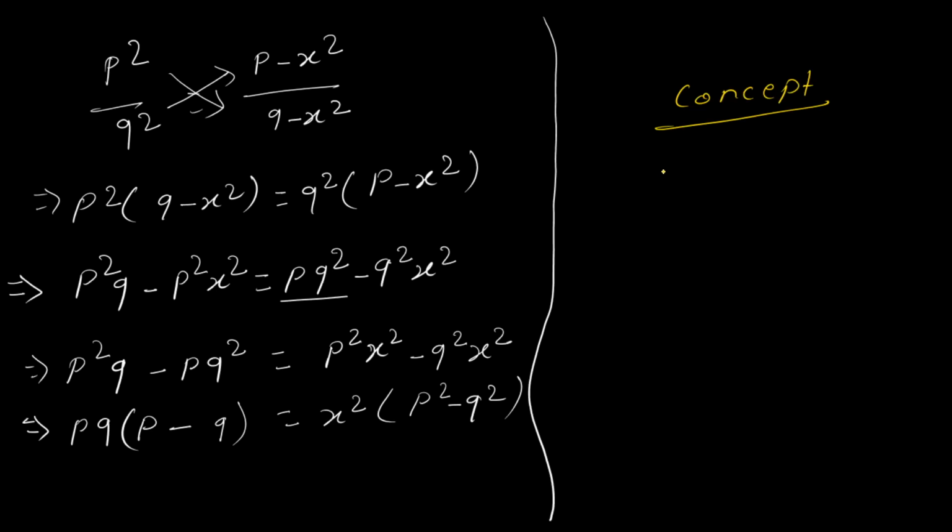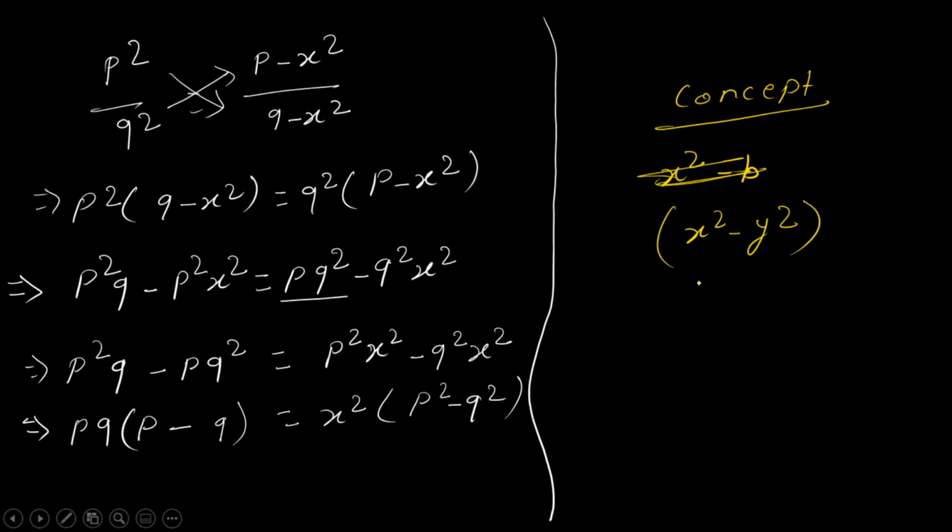If somewhere it is x square minus y square, then you have to remember one formula. If you will further simplify it, it will become x plus y multiplied by x minus y. What is this, sir? Nothing. You just have to remember it.